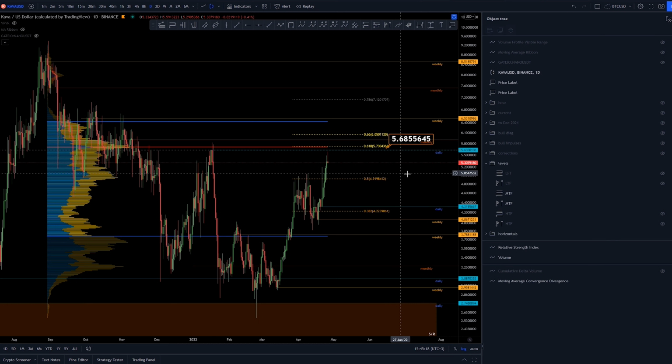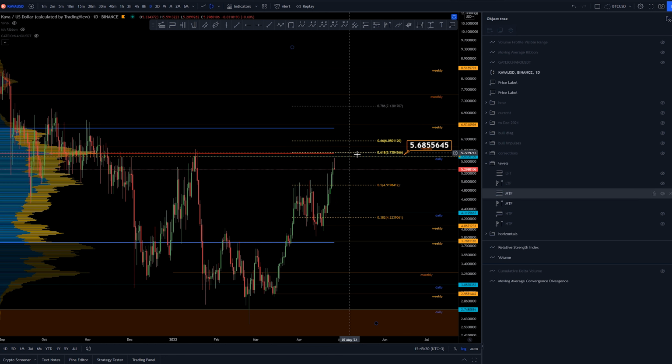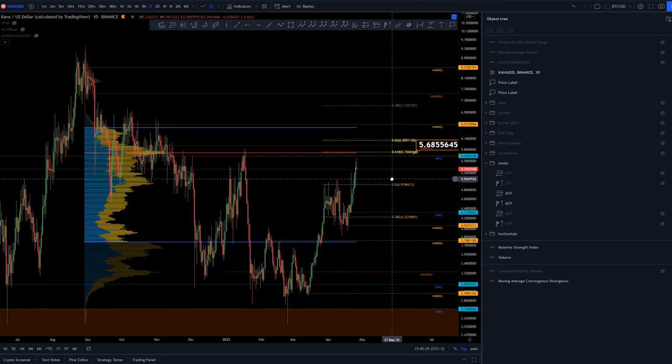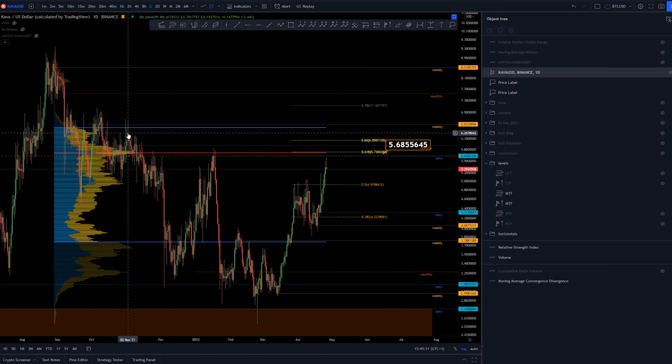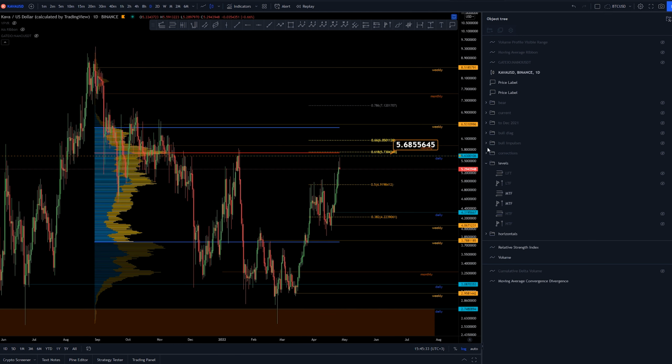So I think this is definitely one area to be looked at. If the price actually comes back up here, this is a really good place for a short, in my opinion. Just by looking at these levels.